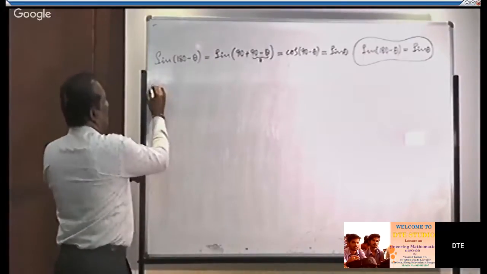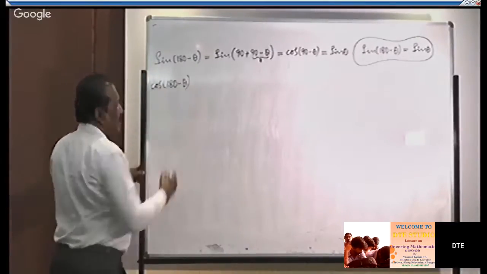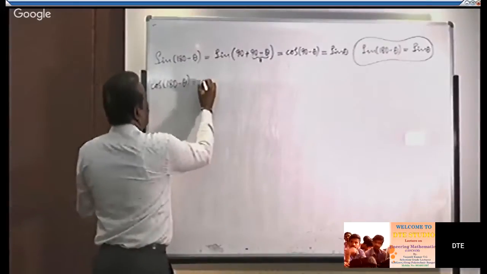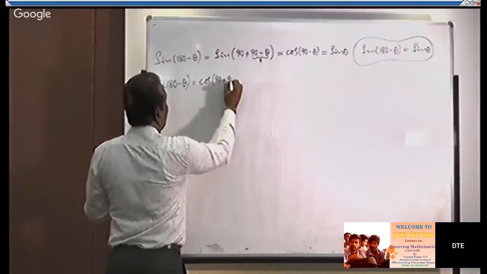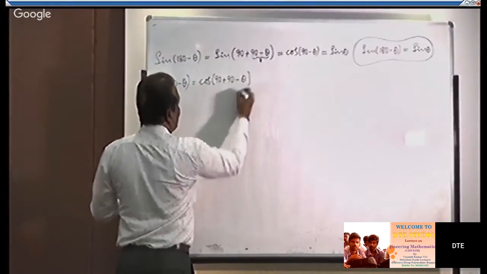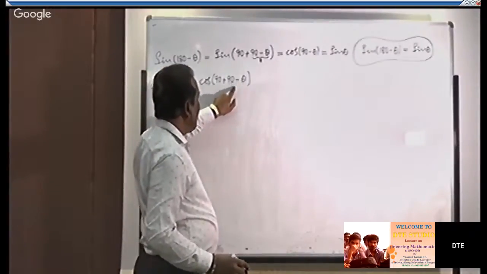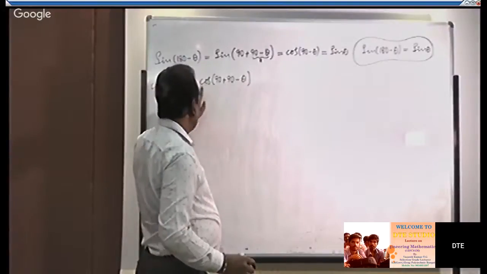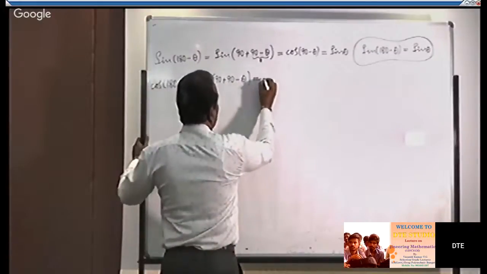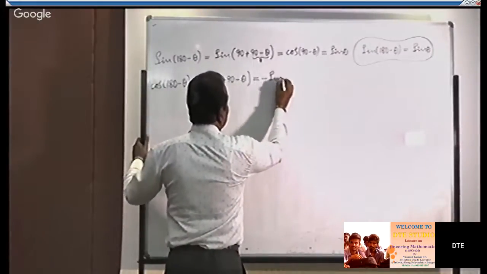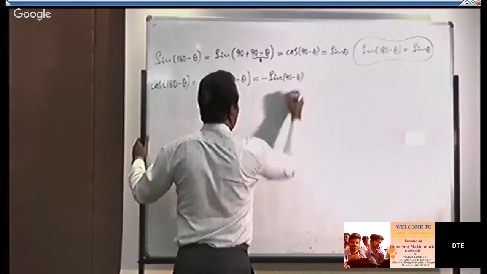Now cos. Similarly, you can write for cos also. Cos of 180 minus theta. As usual, 180 you can split as 90 plus 90. Write down the remaining minus theta as it is. You just imagine 90 minus theta as theta only. The expression will become cos of 90 plus theta. We proved cos of 90 plus theta as minus sine theta. But in the place of theta, we consider it is 90 minus theta.